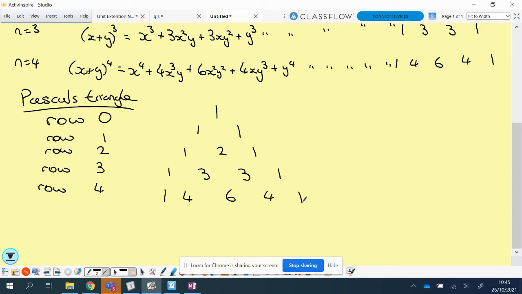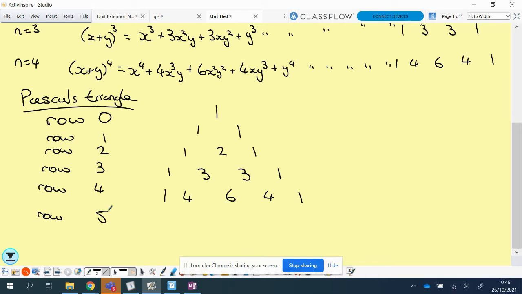You might be able to spot what's going on here. Every time we start a row and finish a row, we end up with 1. That always happens. So let's say I wanted to think about what the 5th row would look like. I haven't multiplied this out, so I can't use my coefficients up here, but this is how you work out the coefficients.